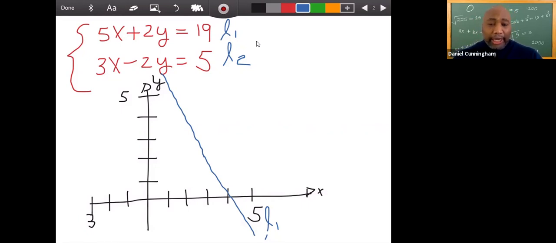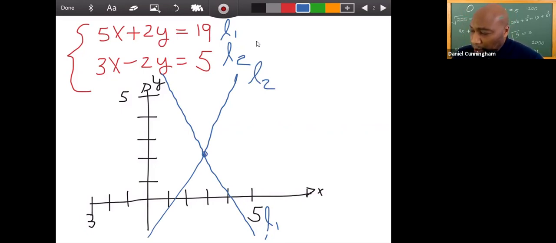And so looking at this particular one, if I pick 2 points for x and y, when x is 0, solve for y, and when y is 0, solve for x. We get a particular line that will look somewhat like this here. And so this would be L2. Now, where they intersect will be our answer.